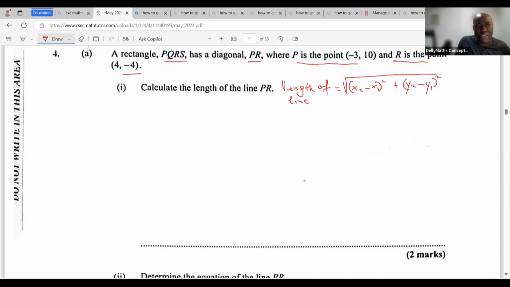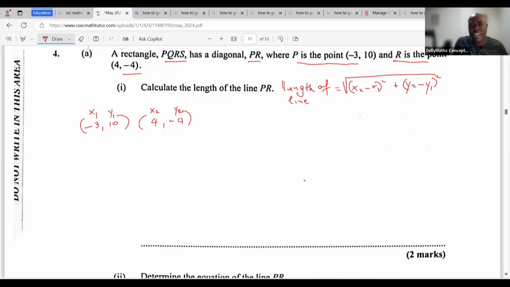So let us write down our 2 points. We have (-3, 10) and (4, -4). Let us label. Remember the x coordinate comes first. So this is x1 followed by y1, and this is x2 followed by y2. All we have to do is put it in that formula.